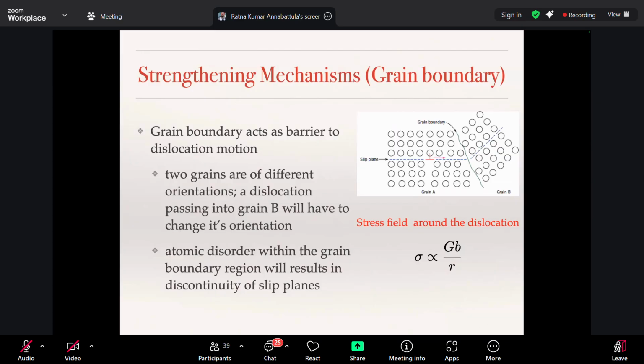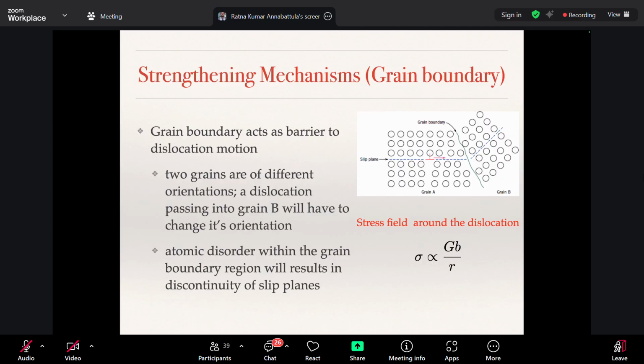All right. So far, what have we learned? We have learned that in metals, you have some crystal structure, and that crystal structure is never perfect. You will have different kinds of defects. There are two kinds of defects that we have looked at so far.